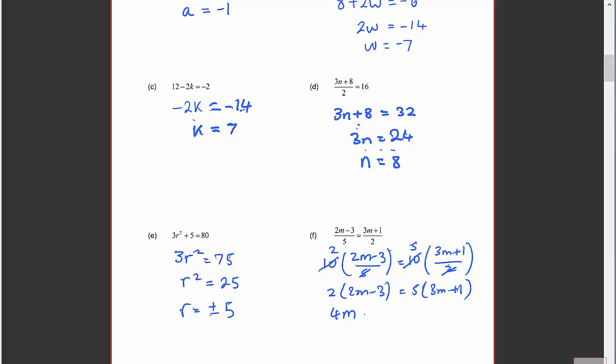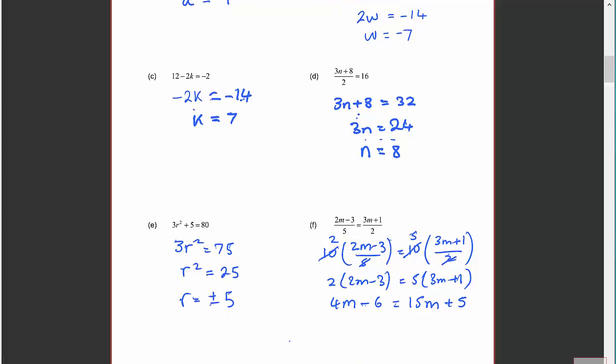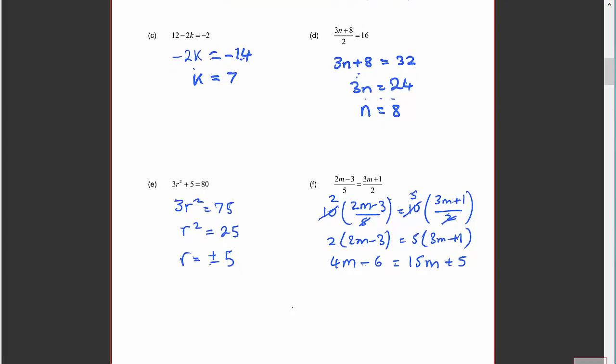So expanding, 4m take away 6 is equal to 15m plus 5. Now, the smaller number of m's is 4m, so I'm going to subtract 4m from both sides. If I subtract 4m from over here, I just get left with the negative 6.